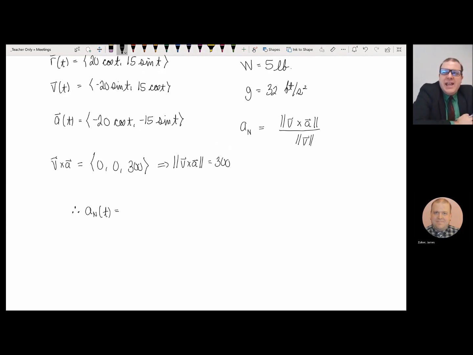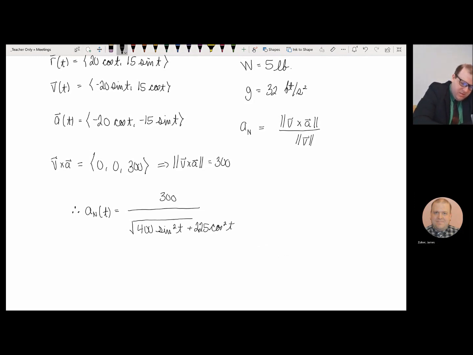So the normal component of acceleration at any given time t is given by 300 over the magnitude of v, which is the square root of 400 sine squared plus 225 cosine squared. Right? But notice what it's asking.